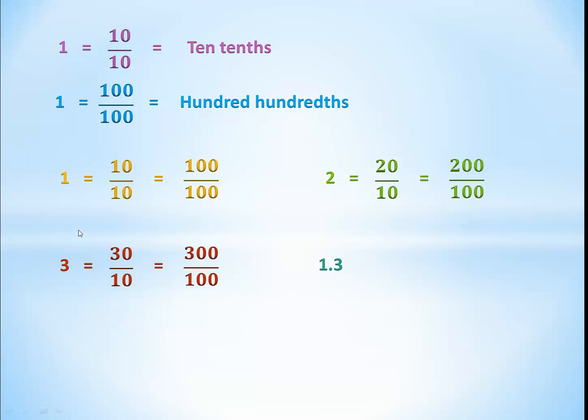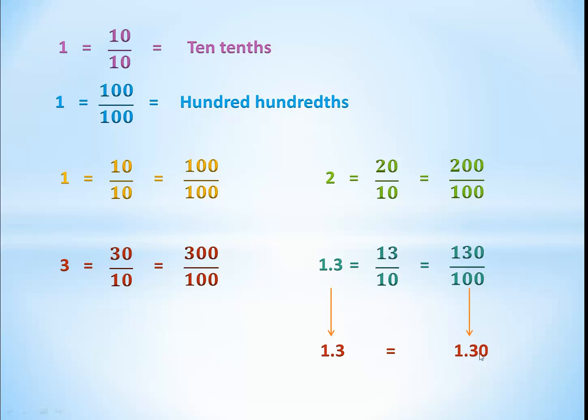1.3 equals 13 over 10, and yes, we are going to put a 0. It will be 130 over 100. So 1.3 is the same as 1.30.